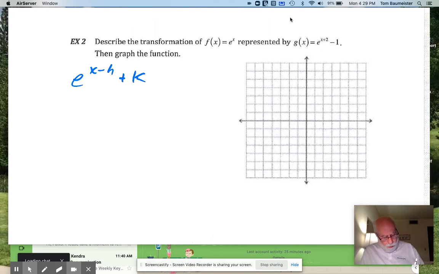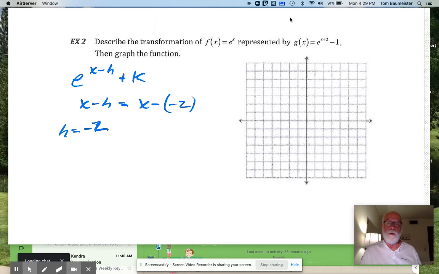So how am I going to write X minus H as X plus 2? Well, wouldn't that be X minus a negative 2? So we're saying then that H is equal to negative 2.